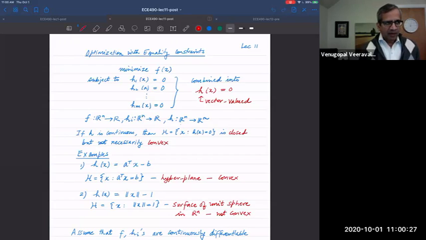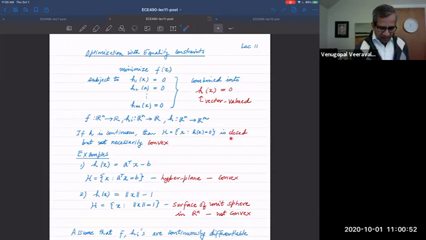the material we covered before, in lecture 10, where we talked about minimization over a closed convex set with a non-empty interior. With these equality constraints, you may not have a constraint set that's convex.